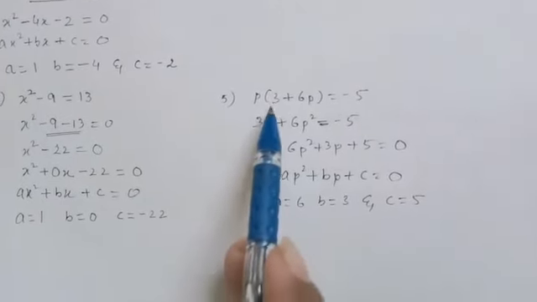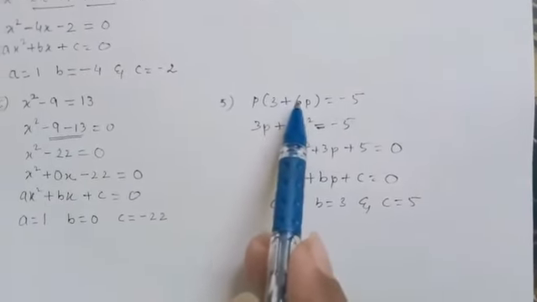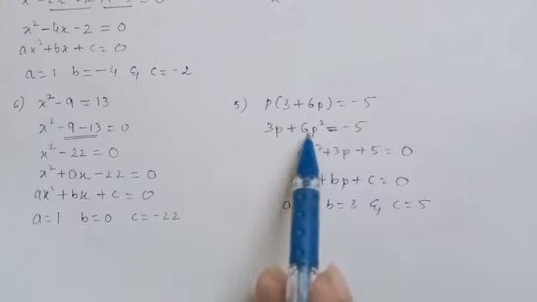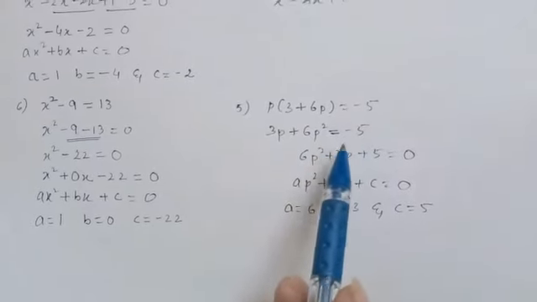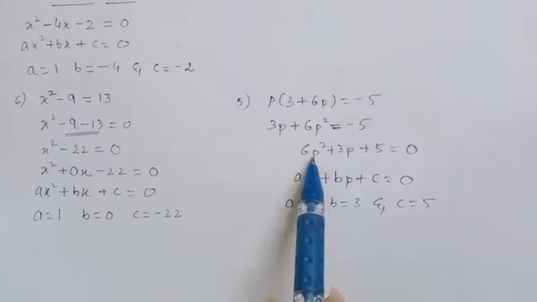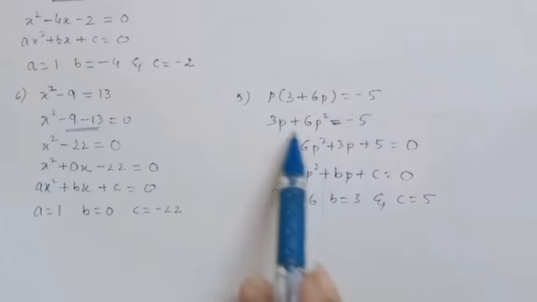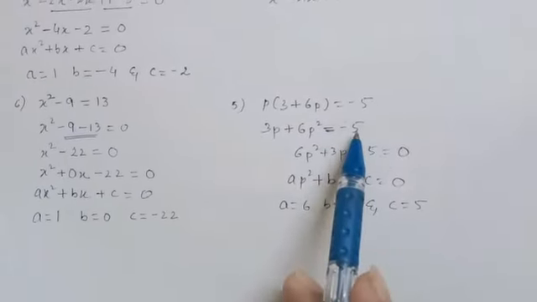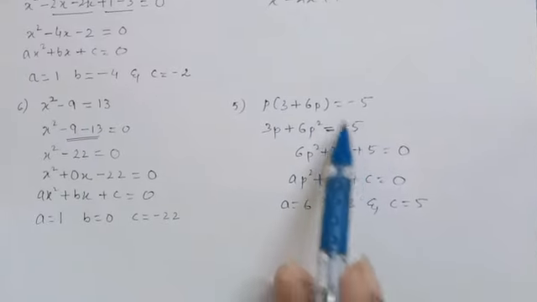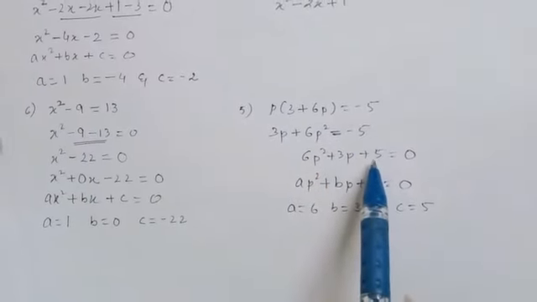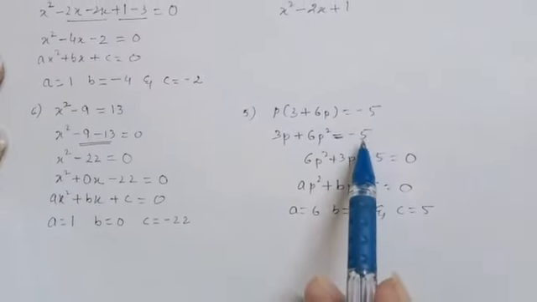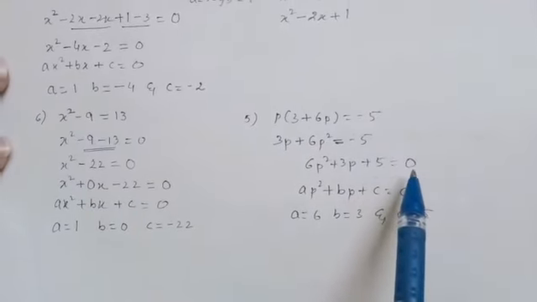So now 3p plus 6p into p is 6p square is equal to minus 5. The 6p square I wrote on the same side, left hand side, plus 3p on the left hand side, but this minus 5 comes to the left hand side, minus 5 becomes plus 5. There is nothing on the right hand side because this has gone here, so it will be equal to 0.